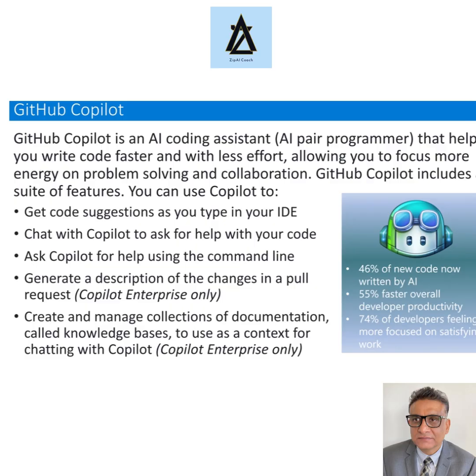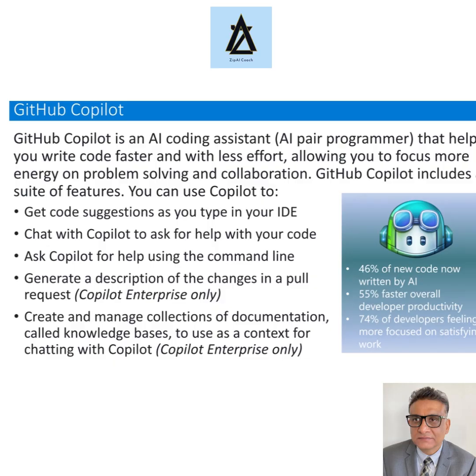So what are the features of GitHub Copilot? It basically does something called auto suggest or auto complete. As you type, it will throw suggestions for you. Just select instead of typing or writing code by hand. It has chat support like any other Copilot, which can help you do certain things.